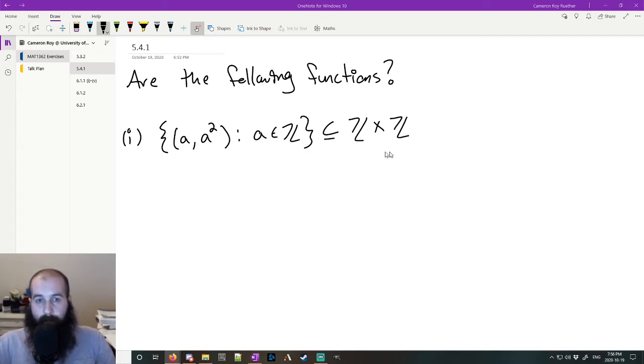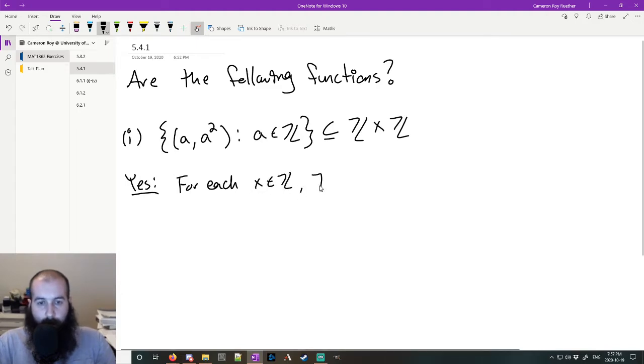So we're asking if this is a function, and this is. This defines the function which takes an integer and gives you back the integer which is its square. And so to see that this is a function, for each integer x, there exists a unique pair x, x squared, in this set.